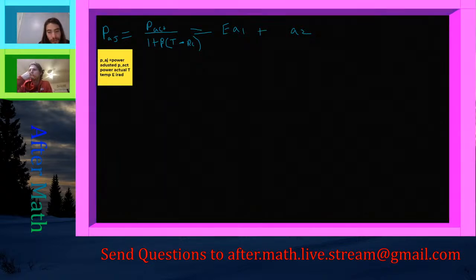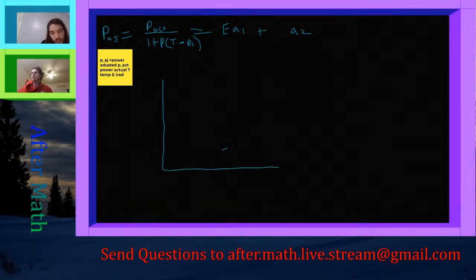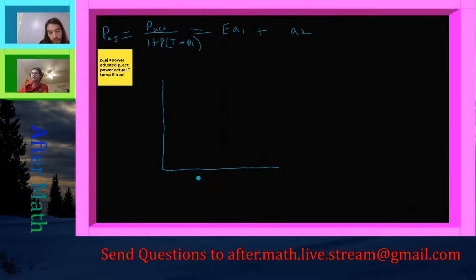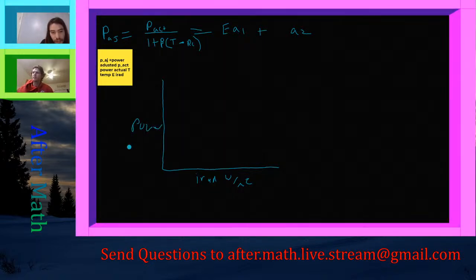Alrighty. So, Jaden, I'm going to give you a little more historical context about this, if that's okay. Normally, when you're looking at a solar array, this is your irradiation, irrad, in watts per meter squared, and this is your power of the solar array, in watts, or kilowatts or whatever.